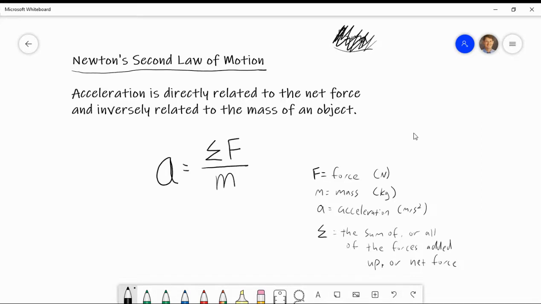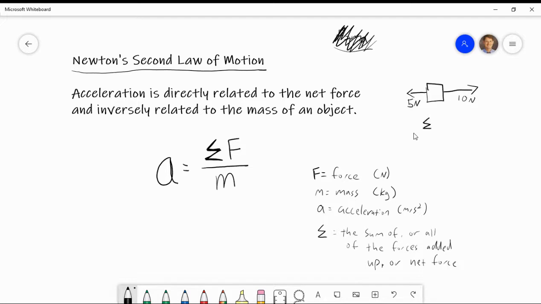The acceleration equals the sum of the forces. This weird sideways W thing, or weird E, is an epsilon, and it means the sum of. So let's say I have an object, and there's a 10 Newton force that way and a 5 Newton force that way.